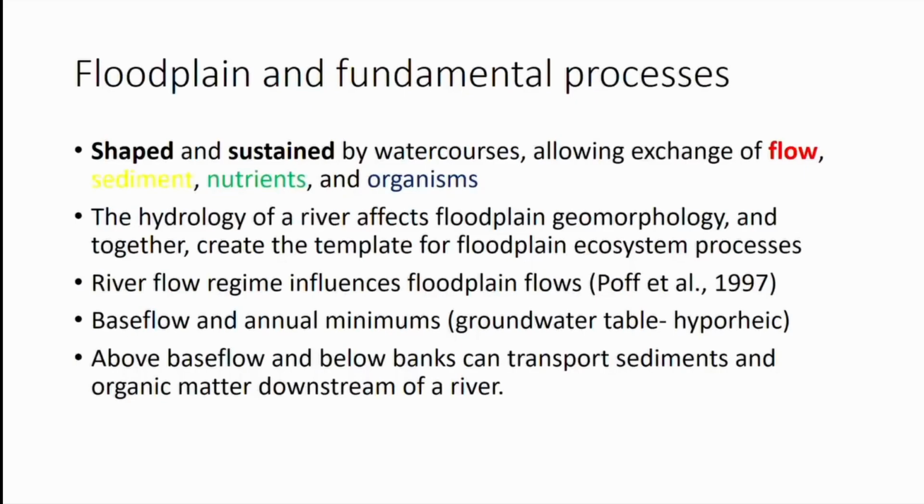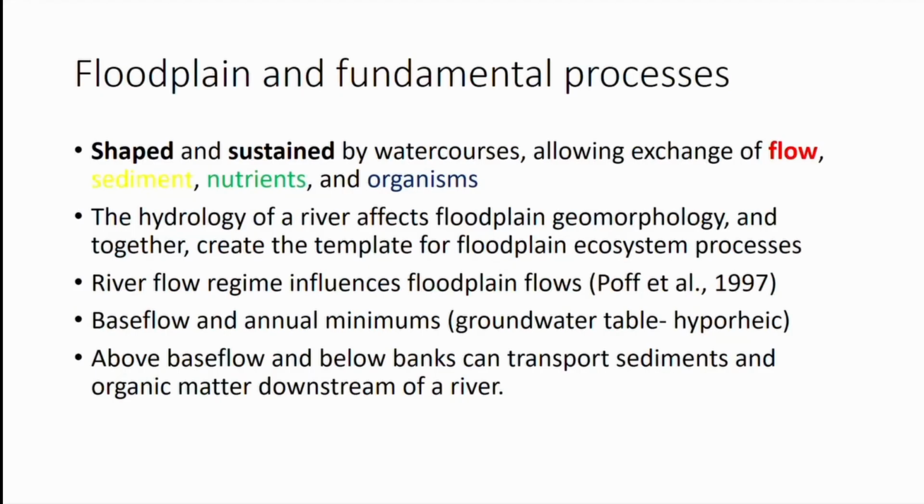The hydrology of a river affects the floodplain's geomorphology. That is simply the sediments and particulate substrates adjacent to the floodplain. Together with such a landform and the river, a substrate is created that supports various ecosystem processes.